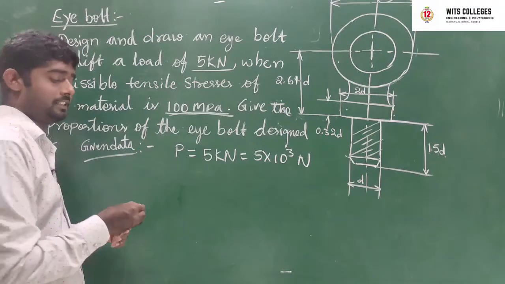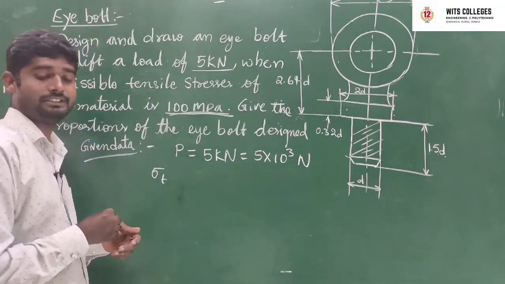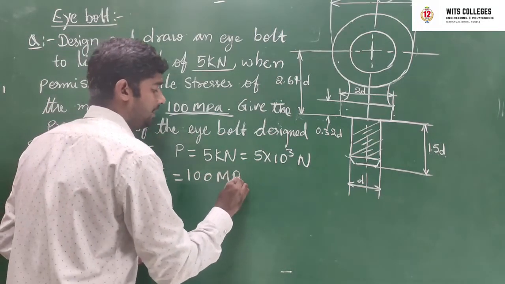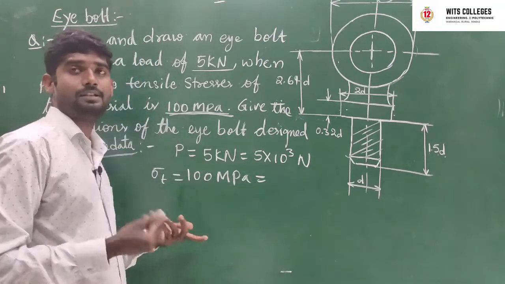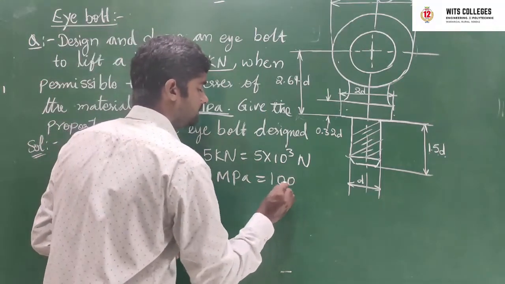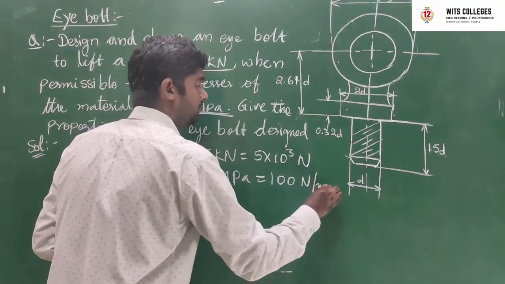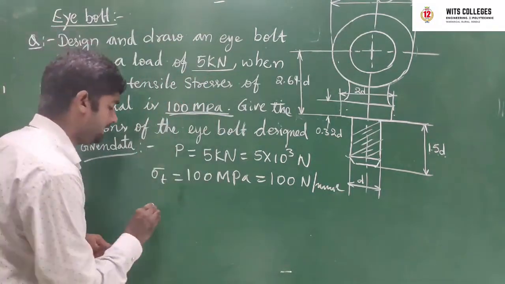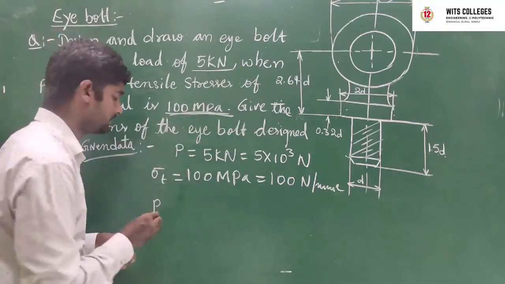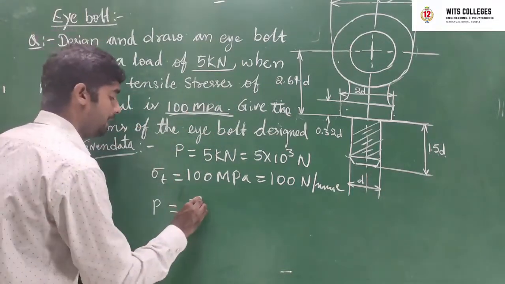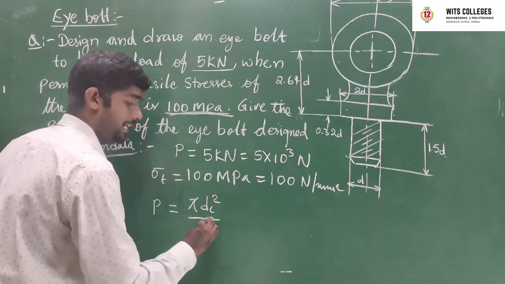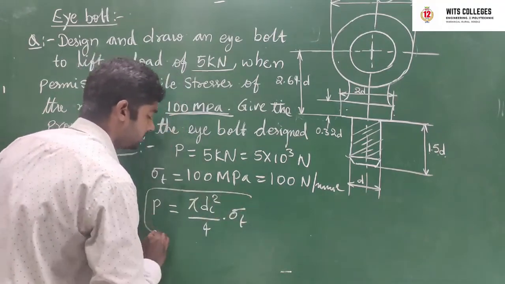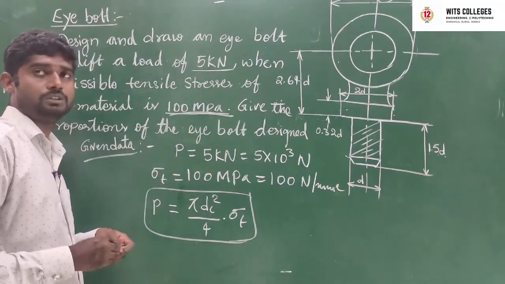Next, tensile stress is 100 megapascal, which converts to 100 newtons per mm square. Next, find D. Using the eye bolt, our formula is P equal to pi dc square by 4 into sigma t.